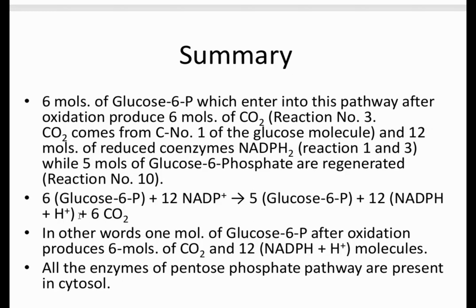So totally, 6 glucose 6-phosphate molecules plus 12 NADP plus will produce 5 glucose 6-phosphate, 12 NADPH plus 6 CO2. In other words, 1 molecule of glucose 6-phosphate after complete oxidation produces 6 molecules of carbon dioxide and 12 NADPH molecules.